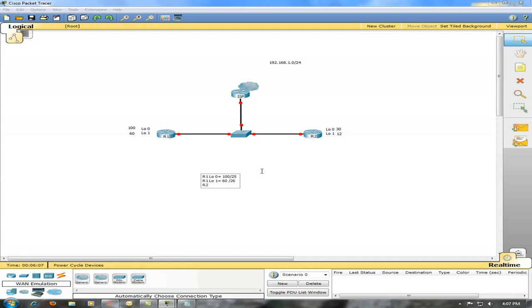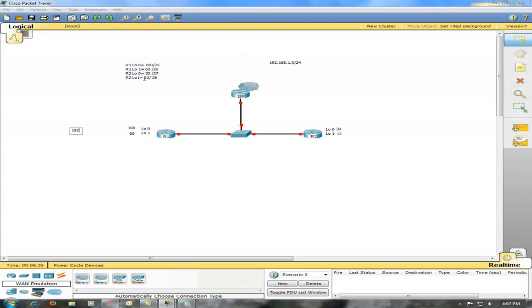Router 2's loopback 0 will have 30 hosts, so he is a /27. Router 2's loopback 1 will have 12 hosts, so he's a /28. So there's my CIDRs for everything.